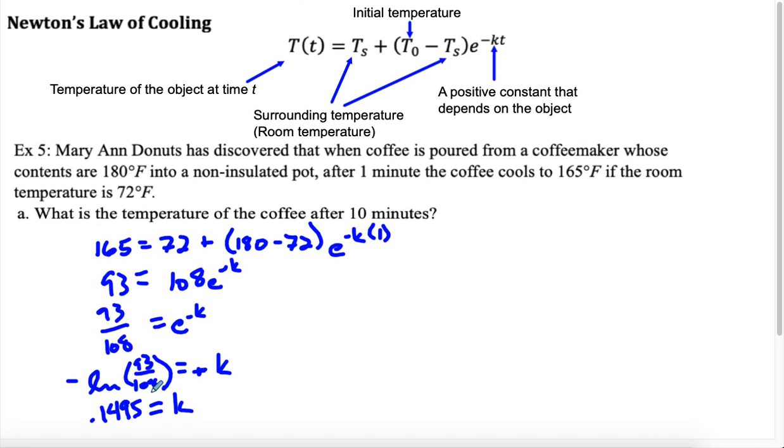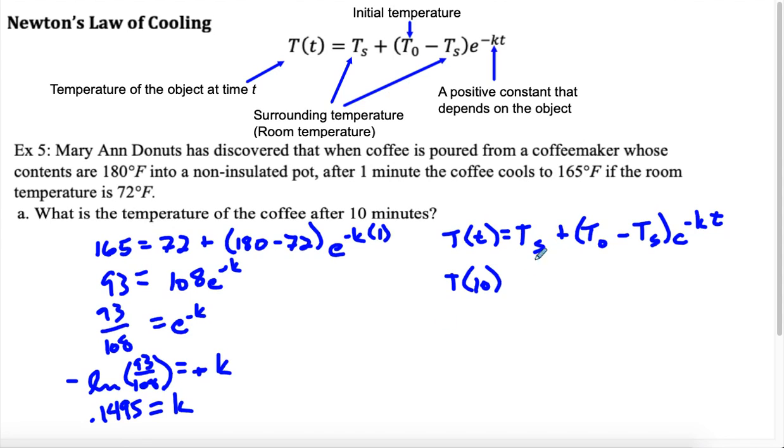All right. So now we can take this value into our formula. Let's back up and say the temperature at time t equals the surrounding temperature plus my initial temperature minus surrounding temperature times e to the negative kt. So now I'm solving for T of 10. I can do that now that I know my k value.